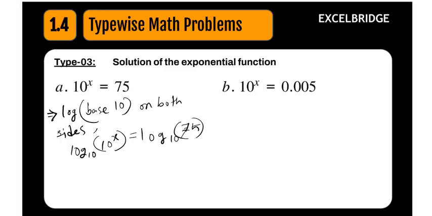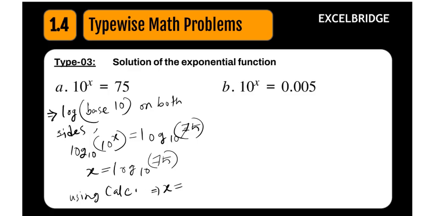So finally, as log 10 to the power x means x, and log 75, using a calculator, the value of x equals 1.8751. So this is the answer.